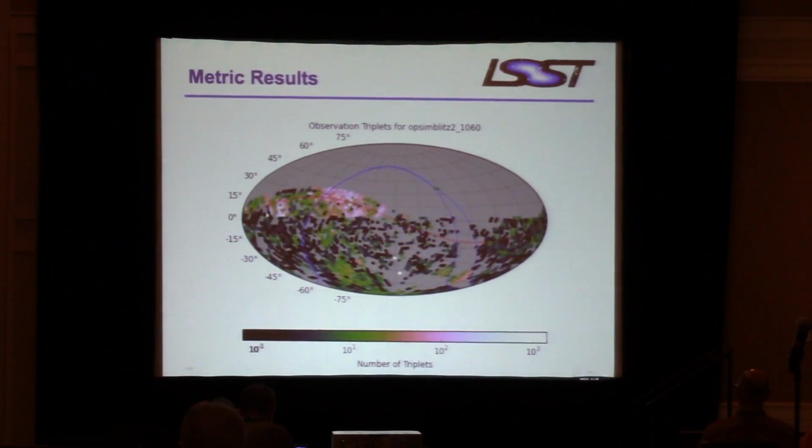With this idea of looking for dwarf novae like SS Cygni, we get something like this, using one of the older operation simulations. If you can see them, there are a couple of small white squares that show up right in the middle, and those are the signs that we have a couple of deep drilling fields in there.